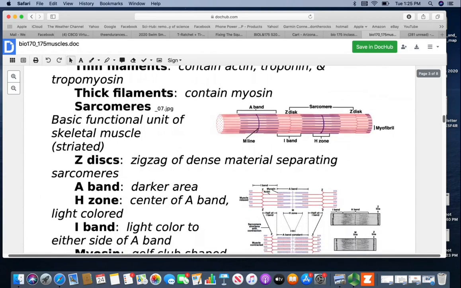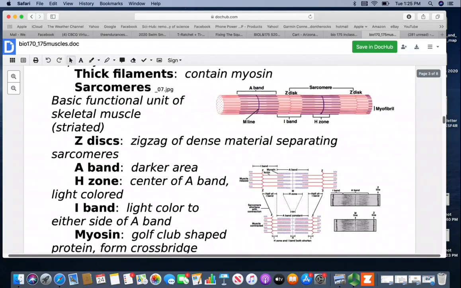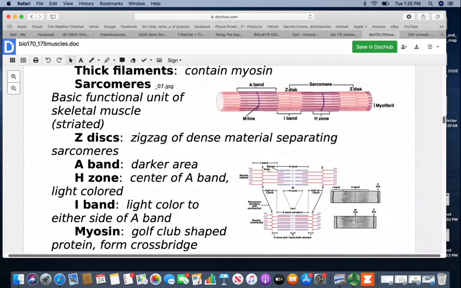We have a model that we use to describe how muscles contract that uses these different zones and bands. Sometimes people find this model to be more confusing than helpful. The A band is going to be the darker area that you see here. What's going on with the A band is you've got some overlap here of myosin and actin, but you also have an area in the center where there's no overlap.